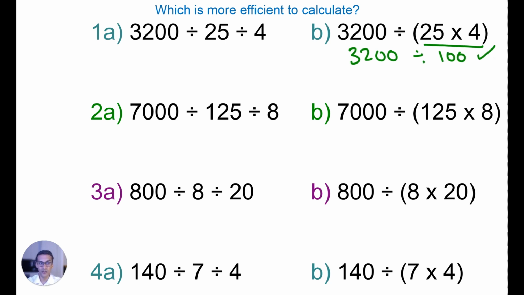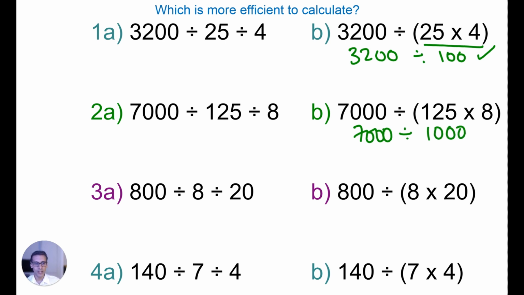So actually, this is a great one to divide by. I would rather do this than 3,200 divided by 25 and then divide that by 4. So for question 2, I hope you decided that the right-hand side is also much more efficient because this is a nice product of 1,000.